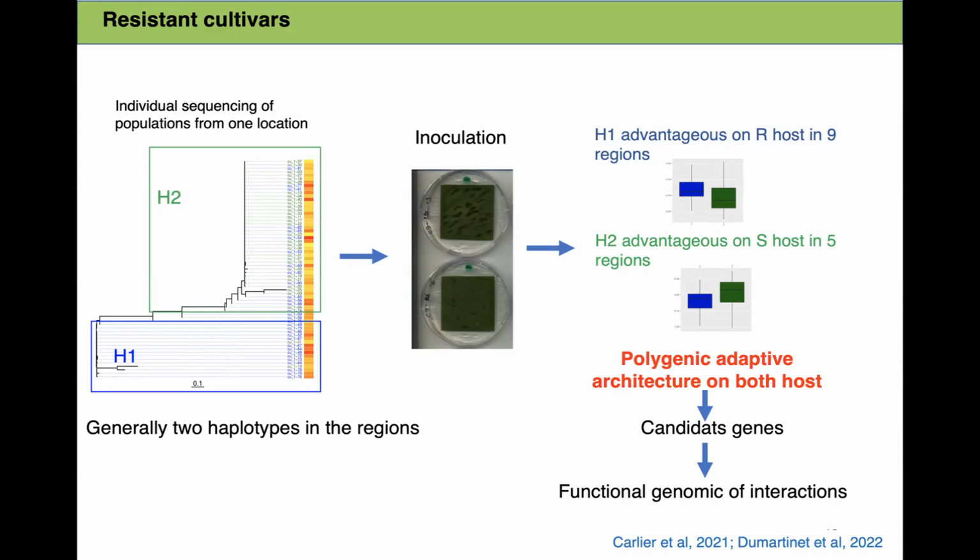We found a polygenic adaptation architecture on both hosts, with more regions involved in the adaptation on the resistant host. And in these genomic regions, we detected candidate genes. And this represents a starting point for further genomic studies of interaction to elucidate the role and the underlying mechanisms of these genes.